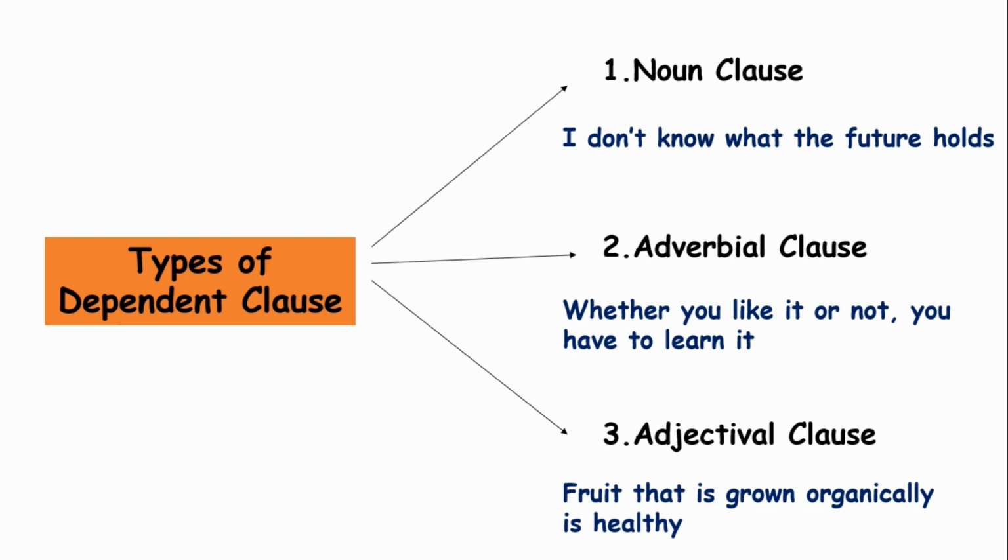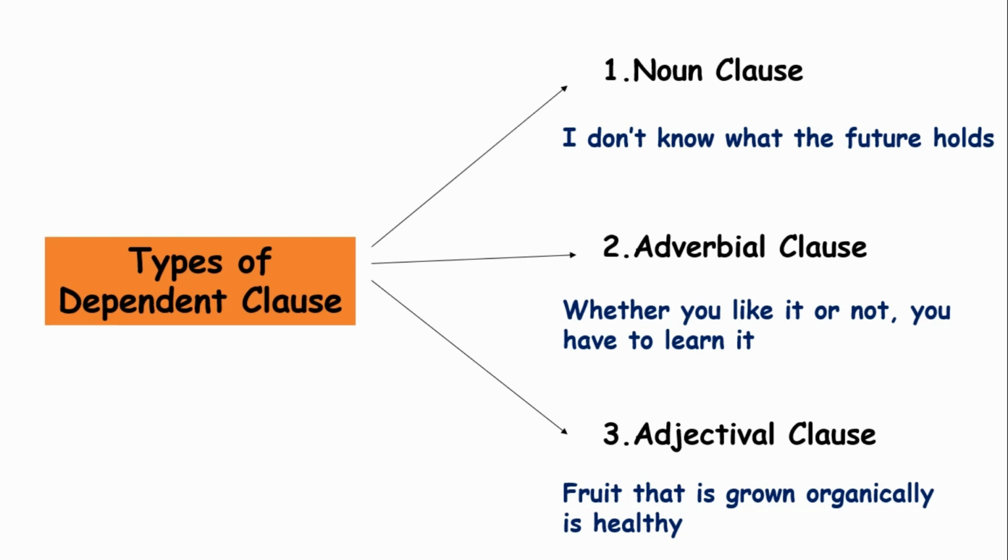Which part of speech describes nouns, dears? Yeah, adjectives. So that is grown organically is an adjectival clause. Fruit is healthy. Fruit that is grown organically is healthy. Not every fruit, but that is grown organically. Some of you may ask me, it has an adjectival clause, but where is the comma?